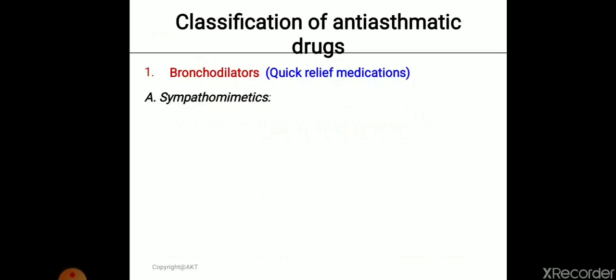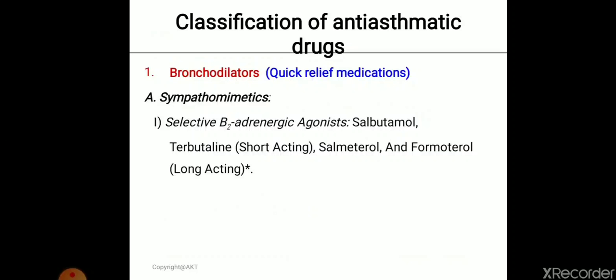Coming to the classification of anti-asthmatic drugs, first is bronchodilators, which are quick relief medication. Sympathomimetics is the first class of drug: selective beta 2 receptor adrenergic agonists like salbutamol, terbutaline, salmeterol or formoterol. Salbutamol is a very fast acting drug, especially on inhalation, IV administration or nebulization, while the other drugs are mainly used to prevent bronchospasm in asthmatic patients, by oral route as a syrup or tablet.